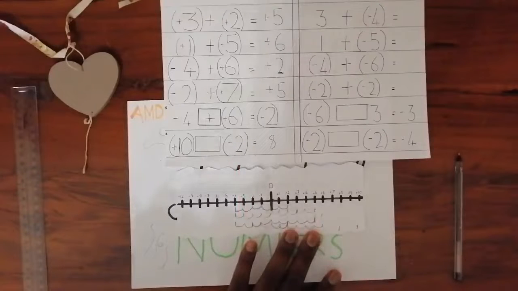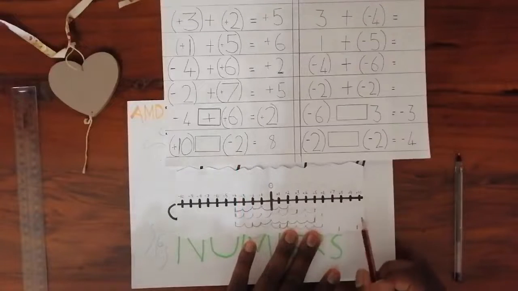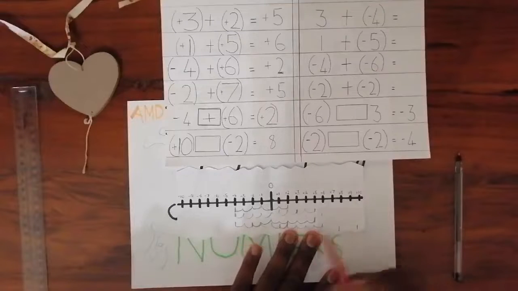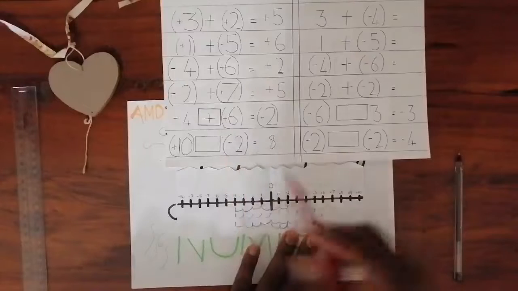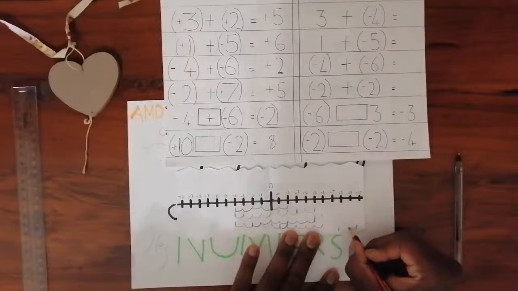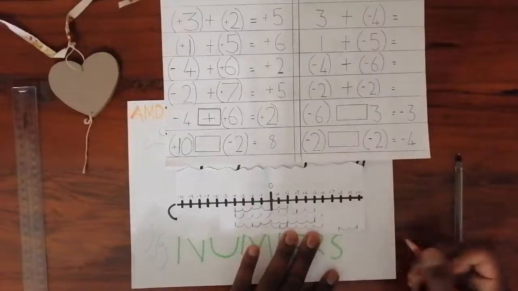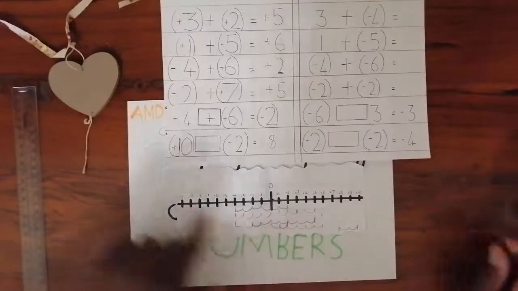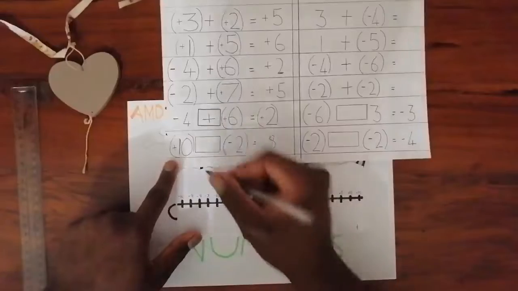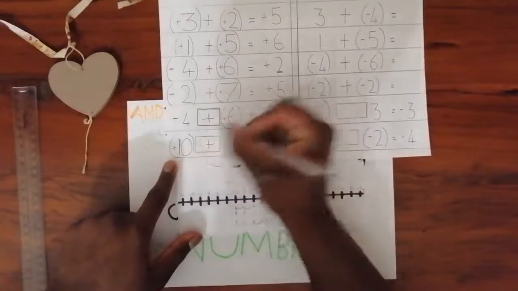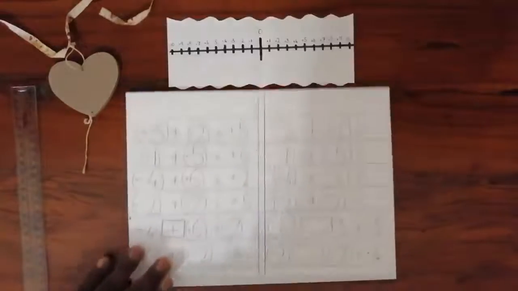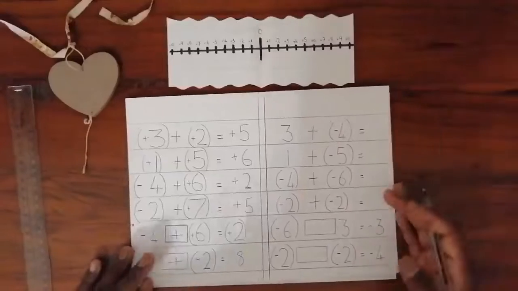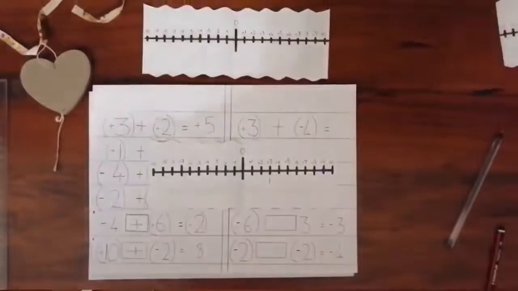So we ask ourselves again, how do we move from plus 10 all the way to plus 8 with minus 2? The only way is to go backwards by 2 places. Therefore, we know that the operation between these two is again addition. I hope that makes sense to you.